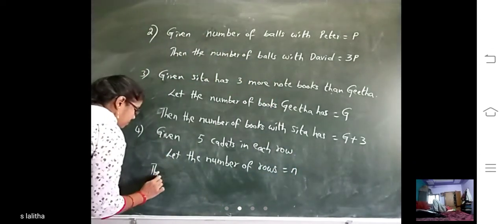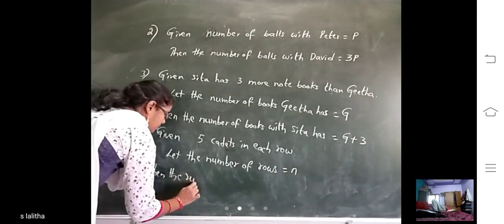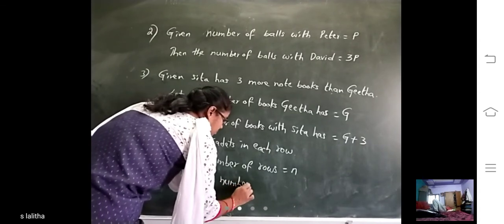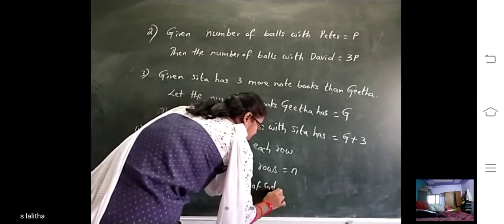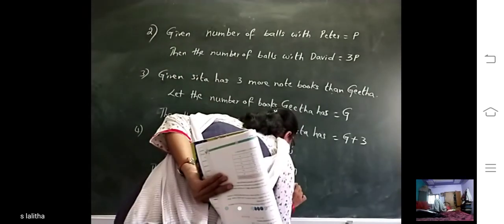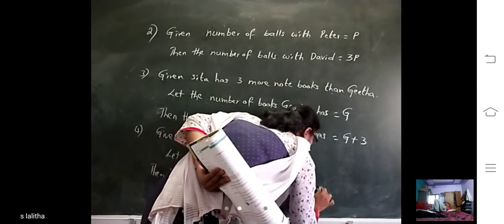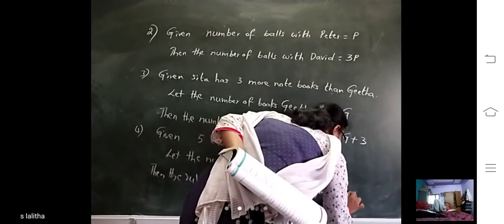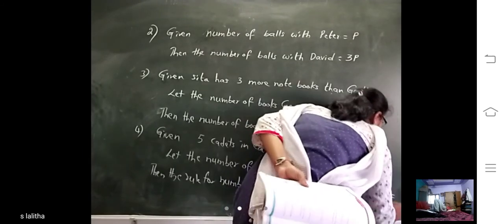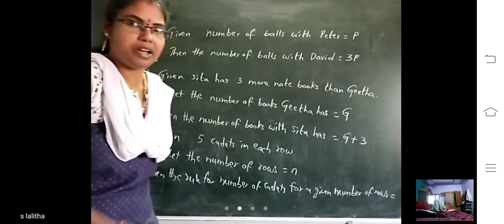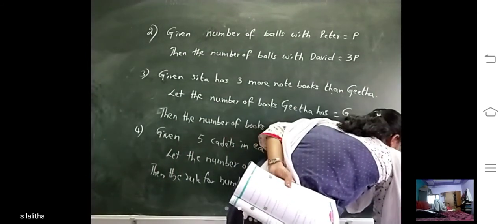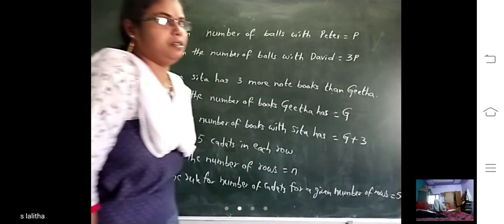Then the rule for the number of cadets for a given number of rows: how many rows? n. For each row, how many cadets are there? 5. So what is the rule? 5n. Okay? Right.